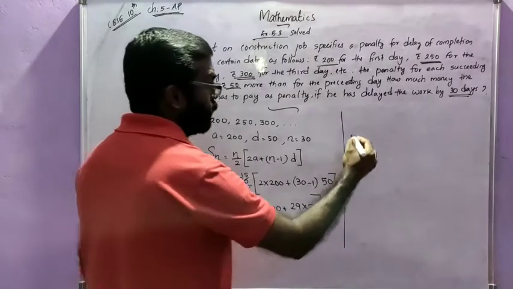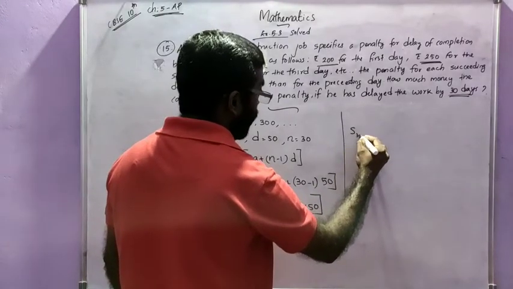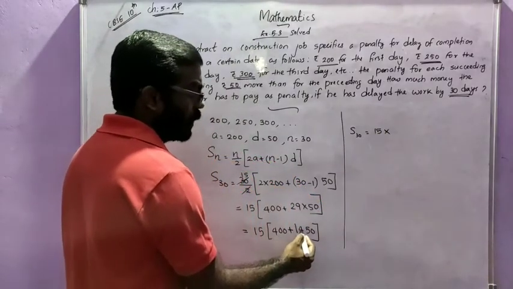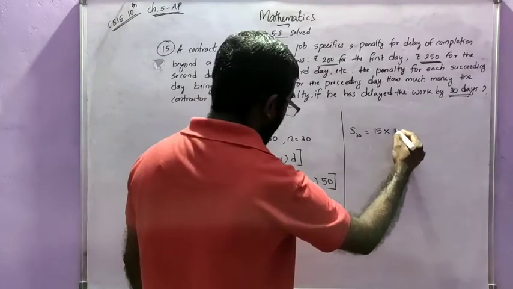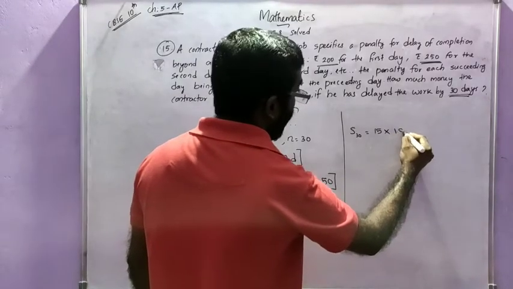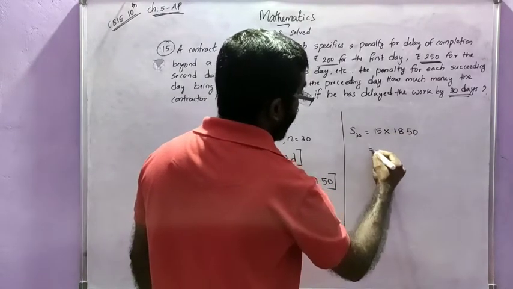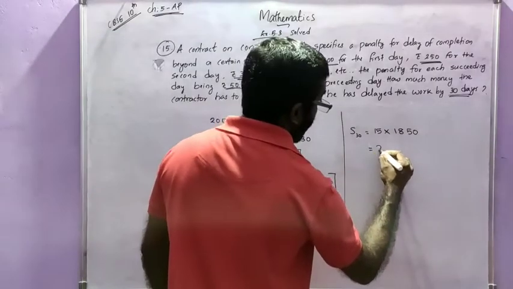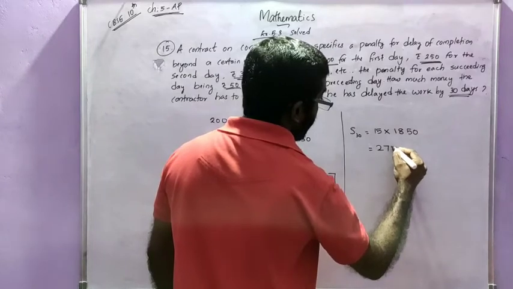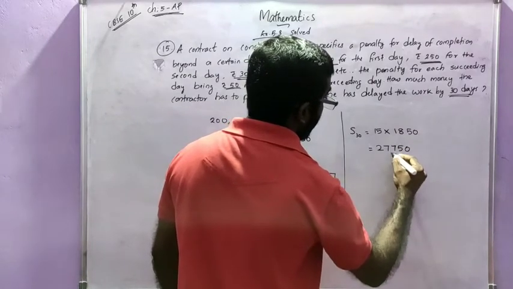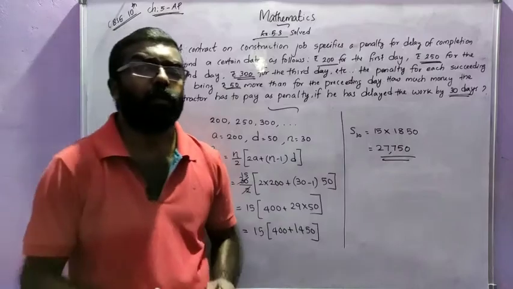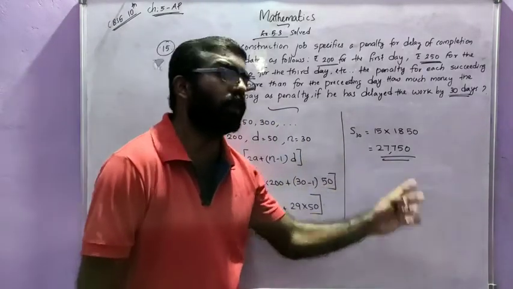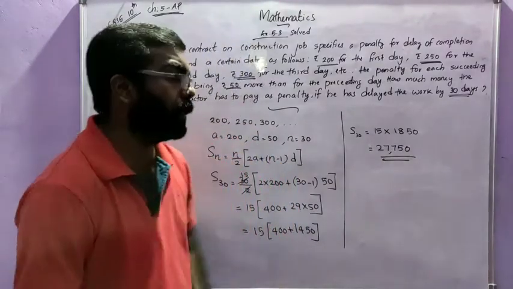So S30 is equal to 15 into 400 plus 1450, that is 1850, and 15 into 1850 will be equal to 27,750. Therefore we can conclude that the person has to pay rupees 27,750 as penalty.